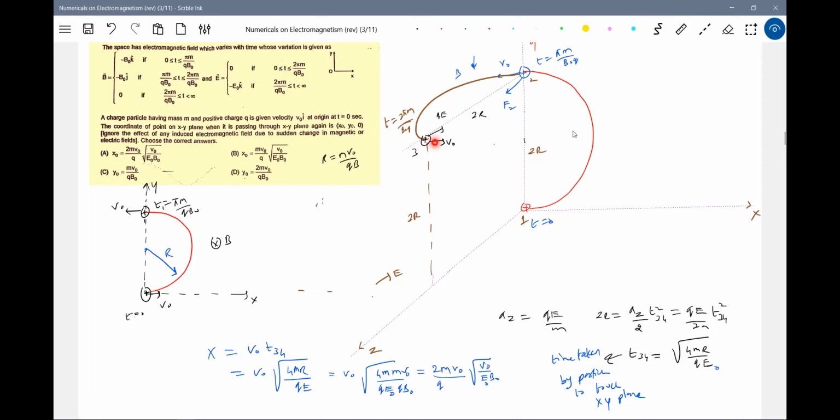Afterwards, how will it move? What is the path of this? So it's going to be like this. Parabolic path it should be. This is a circle, a semicircle. This is also a semicircle.